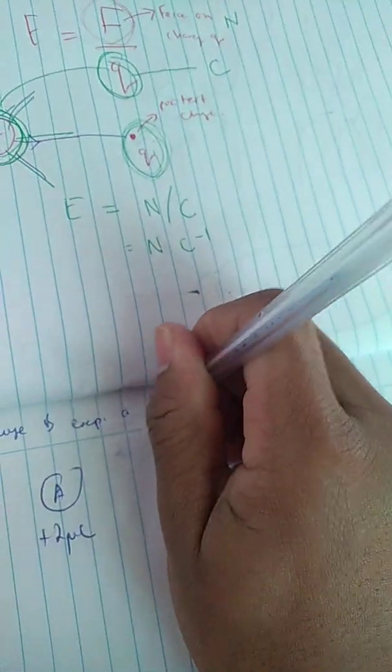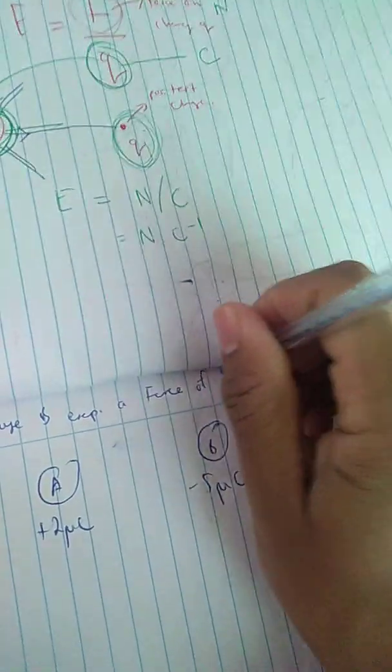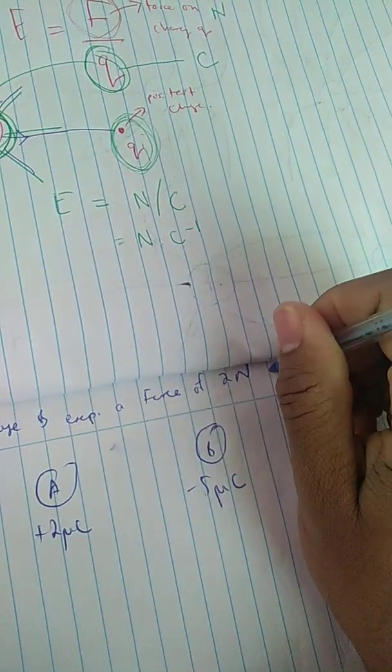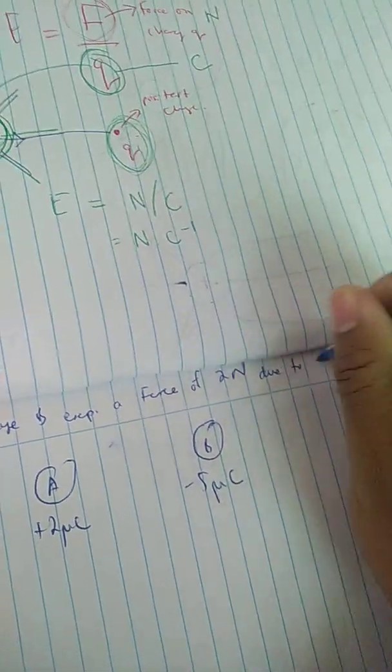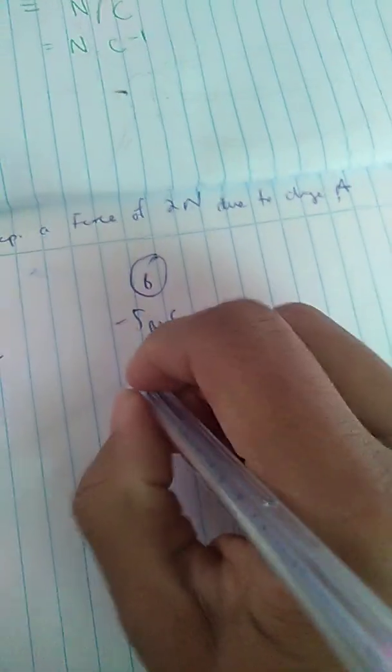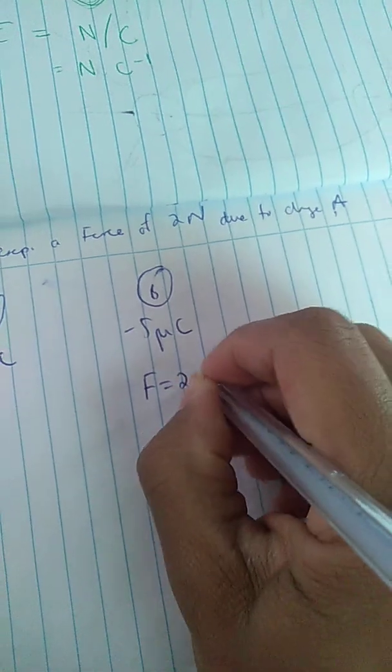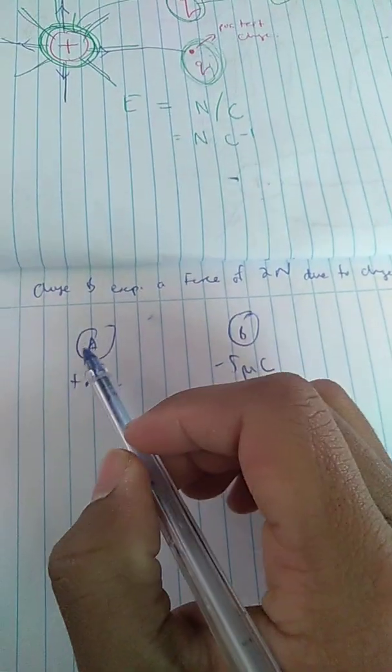Because of charge A, B experiences a force of 2 newtons. A is almost like the cause of it.